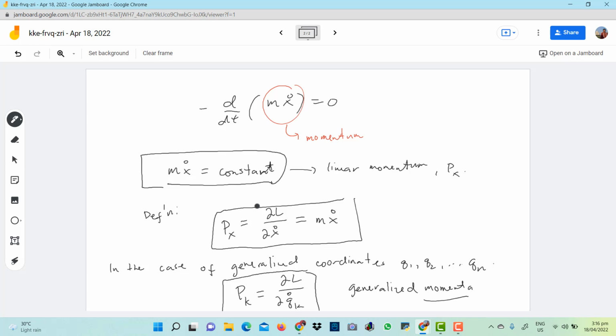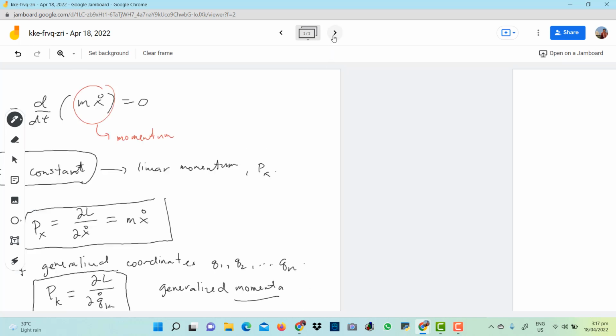We call this one the generalized momenta of the system. So the Lagrange equation in terms of momentum can be expressed as this.